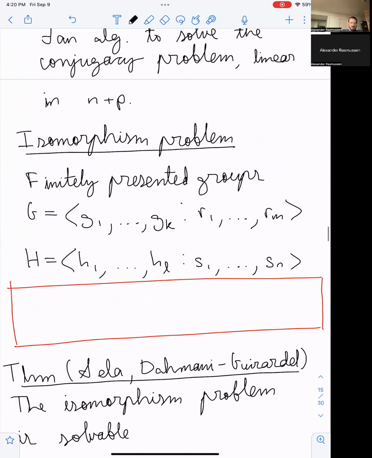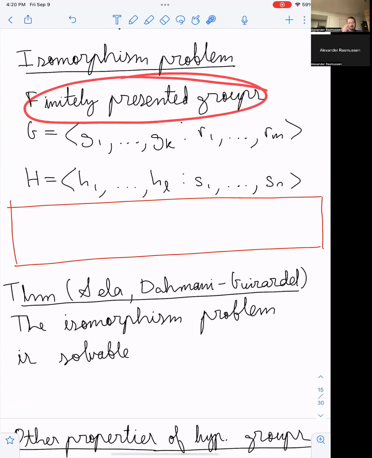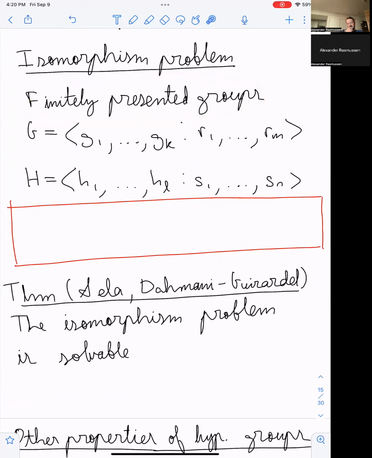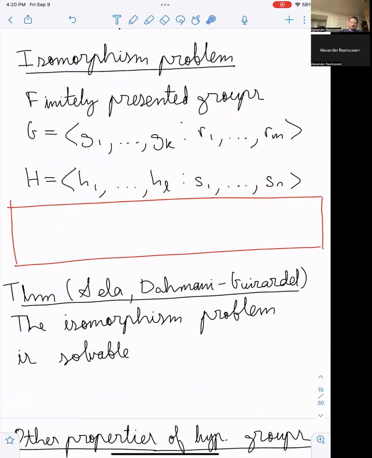Finally, the isomorphism problem. So here you have two finitely presented groups, and probably you know from abstract algebra that it's kind of hard to tell what a group is just by staring at its presentation. So the isomorphism problem asks, given these two presentations, are these groups the same?